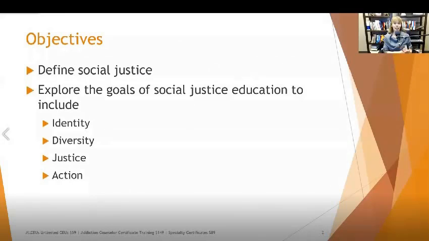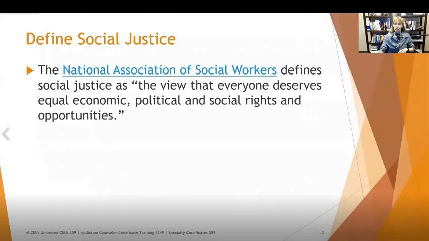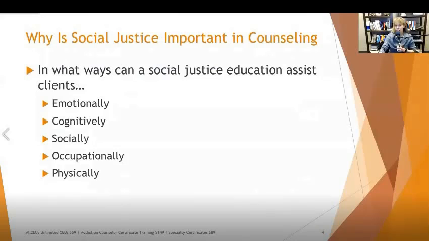Seeing where there is injustice and working towards creating a just situation, and taking action, which is, again, that working towards. So they all kind of overlap. So back to the question: in what way can these things, knowing your identity, appreciating and embracing diversity, etc., assist clients emotionally?